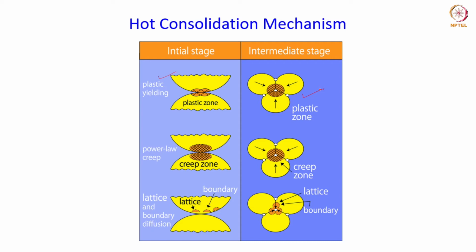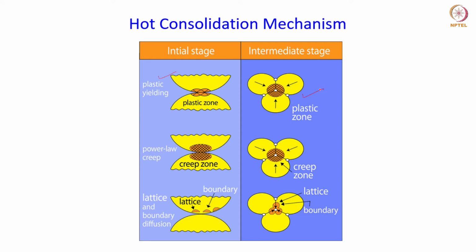And then when the stresses are low, the diffusional flow can combine with the applied stress, and the densification occurs by the creep process. The diffusion can occur either through the lattice or through the grain boundaries.